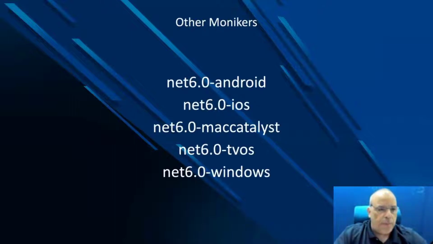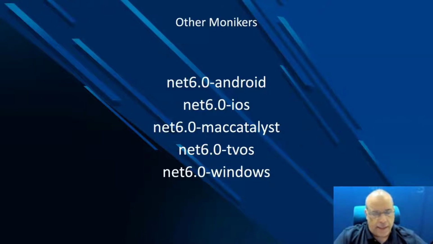Introduced with .NET 6 are also some other what are called monikers. These are basically a way for you to target a specific version of the framework or a specific version of SDKs. There are 5 additional ones added outside of net6.0: Android, iOS, Mac Catalyst, tvOS, as well as Windows.